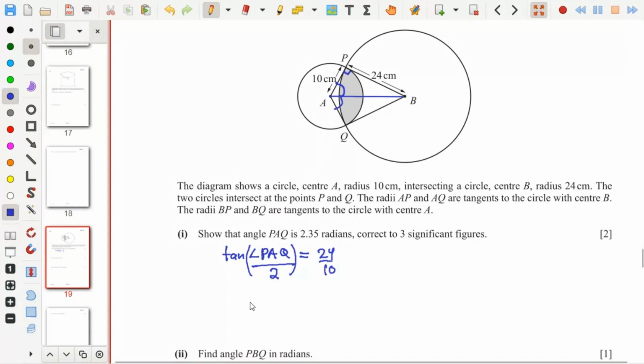So if I want to find tan inverse of both sides, there's 2.4. So PAQ is equal to twice of tan inverse of 2.4.